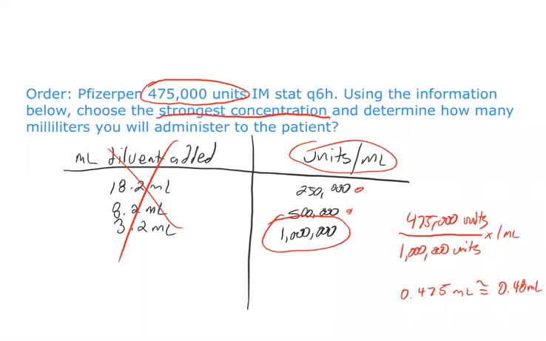And I'm going to be honest with you, in a real life situation, the answer might just be exactly that. It might be 0.5. But under the, I always say the bubble of dosage calculations, you try and get as specific a number as you can. So the best number is 0.475, but the answer based off of your rounding rules is 0.48 milliliters.